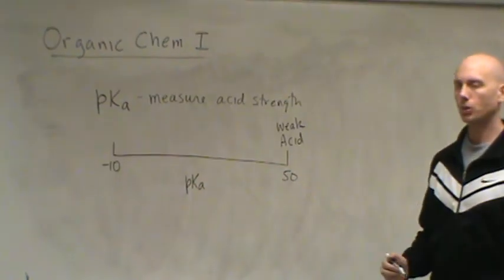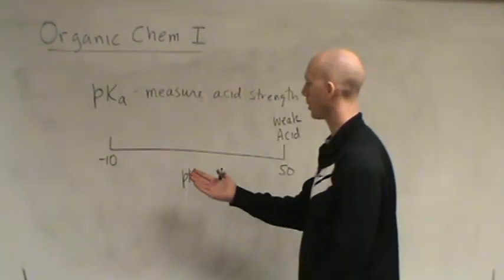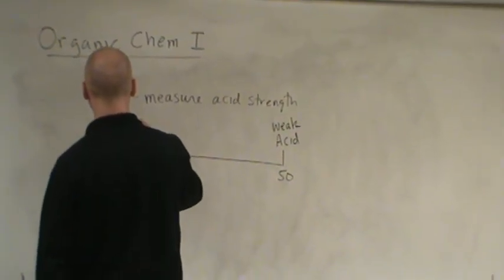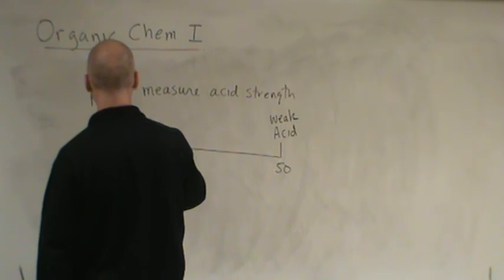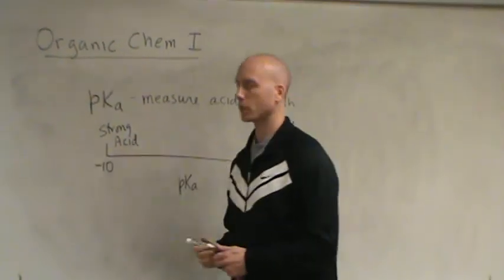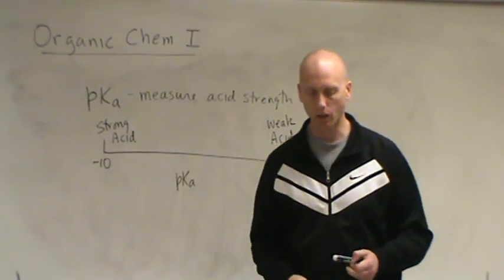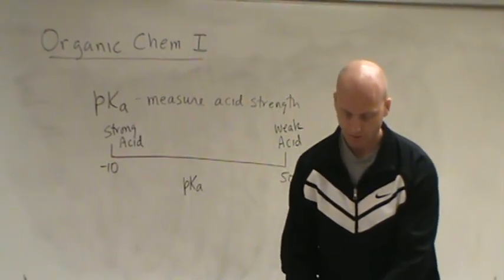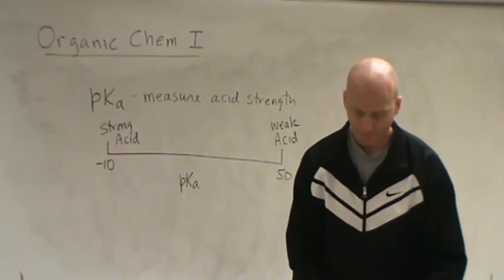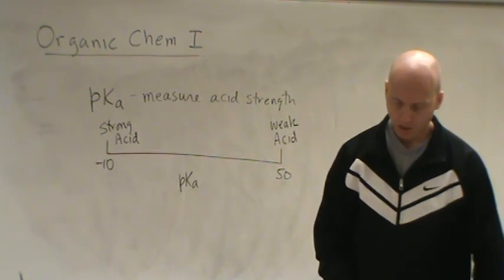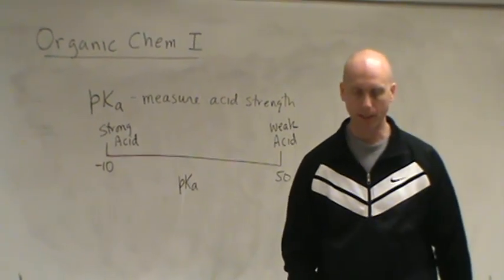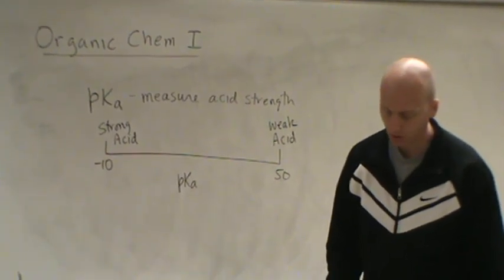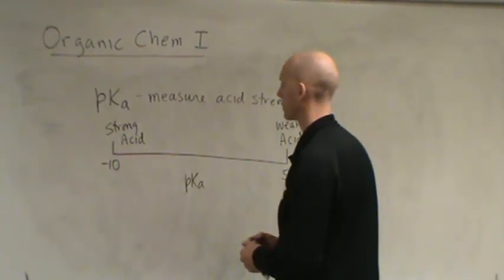Versus if I have a very small pKa, it means that I have a strong acid. And there are some pKa values given in the chart on page 26, just to give you some ideas.